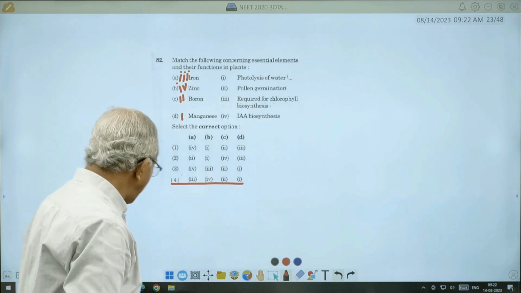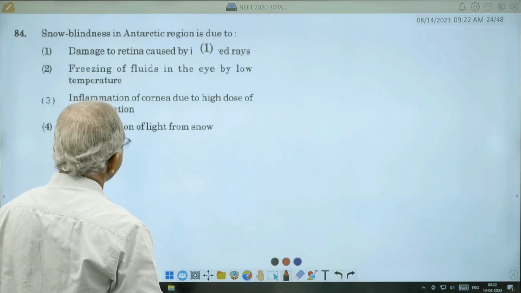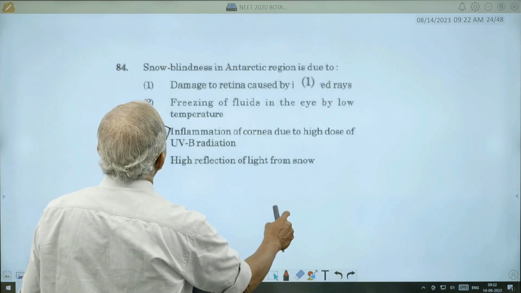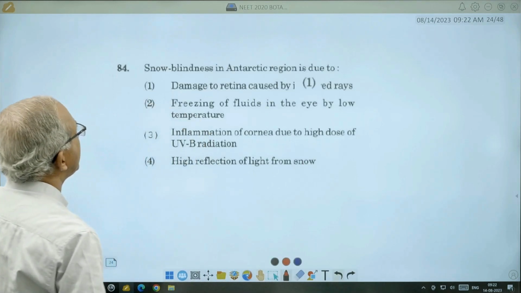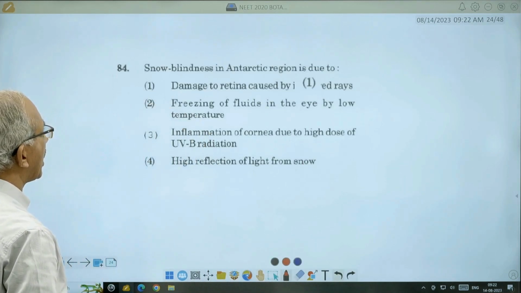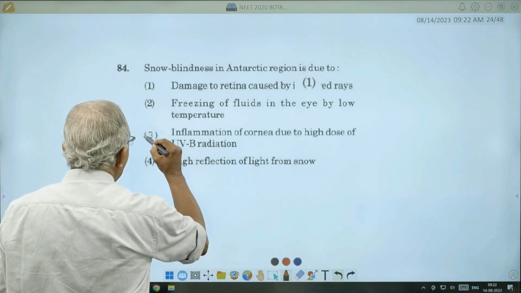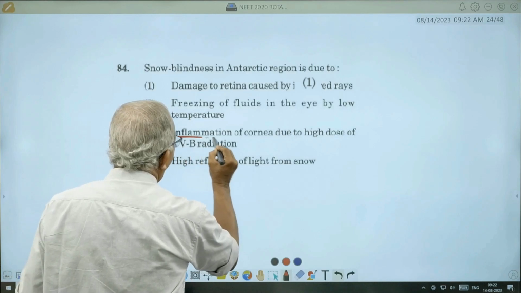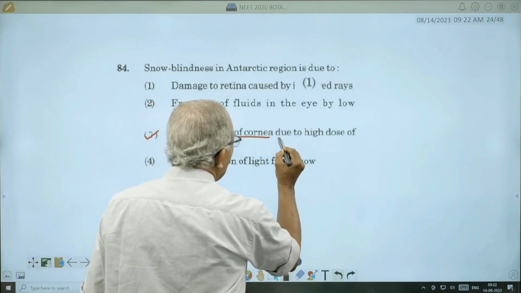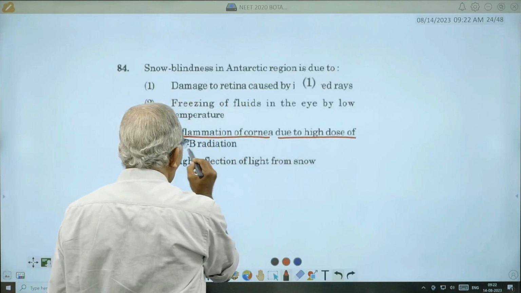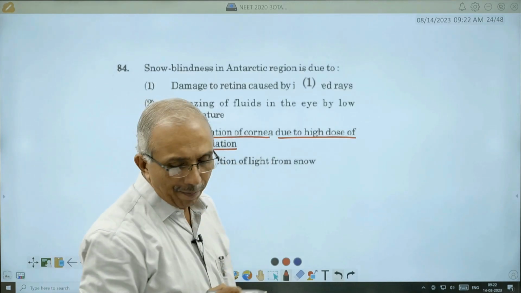Next is snow blindness in the Antarctica region. It is due to inflammation of the cornea due to a high dose of UV radiation.